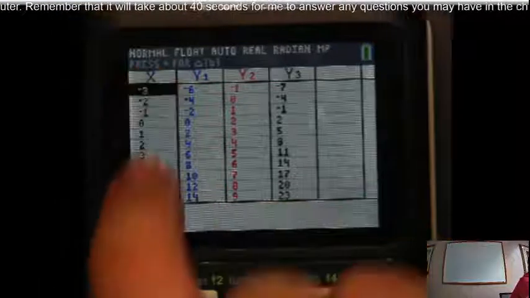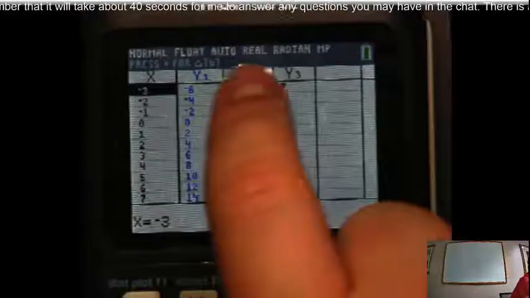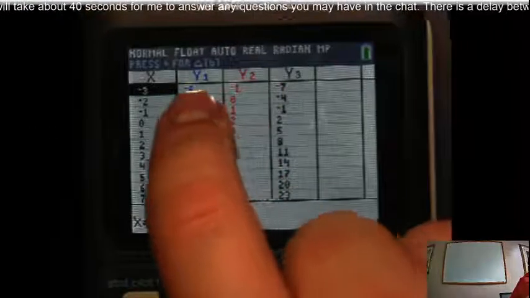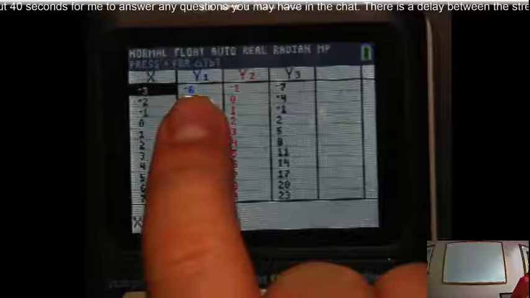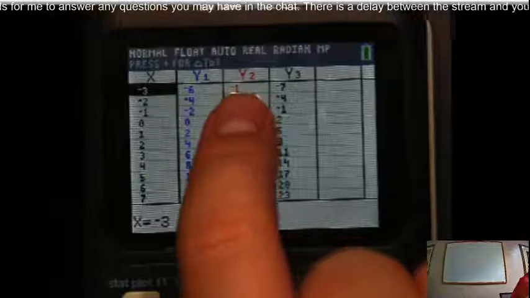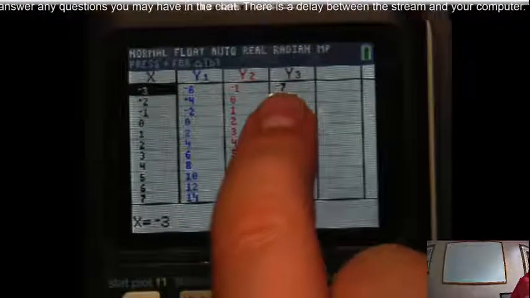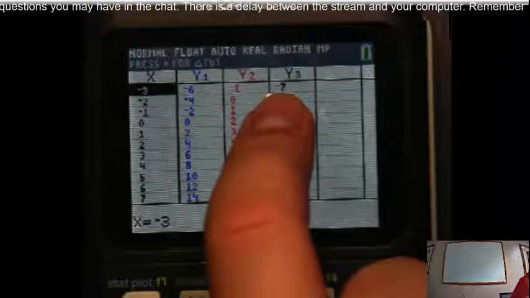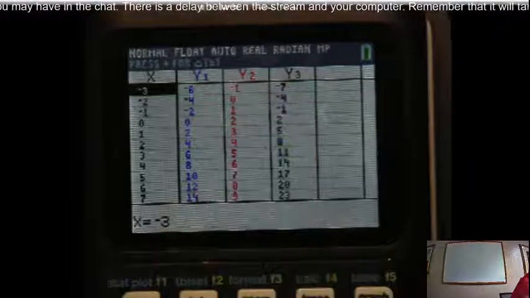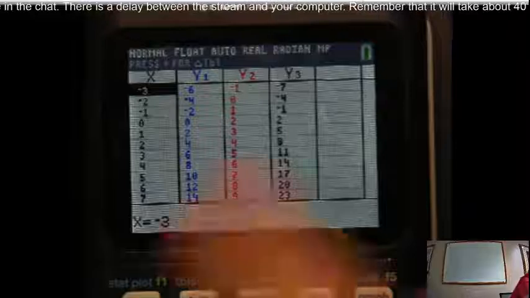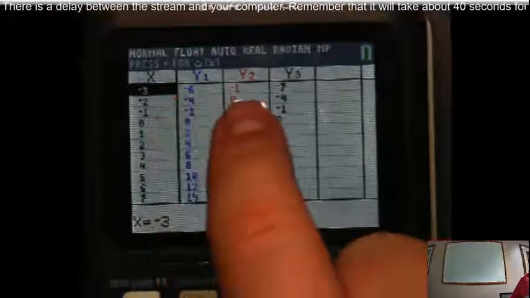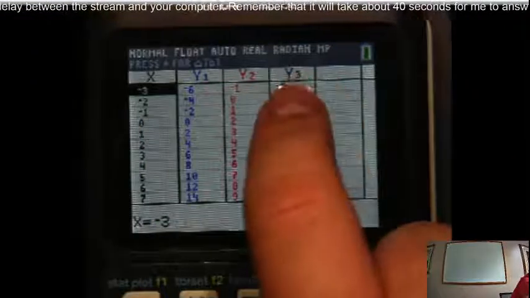This is just a list of the x values that we're plugging in. This is the y value that we get out for our f of x, the y value we get out for g of x, and the y value we get out for f plus g of x.